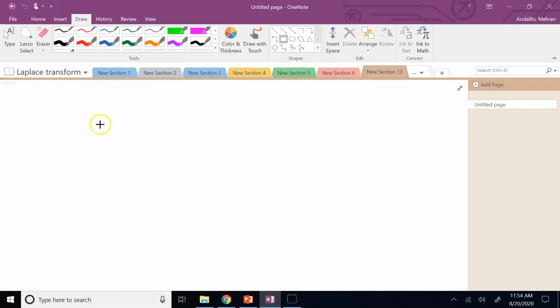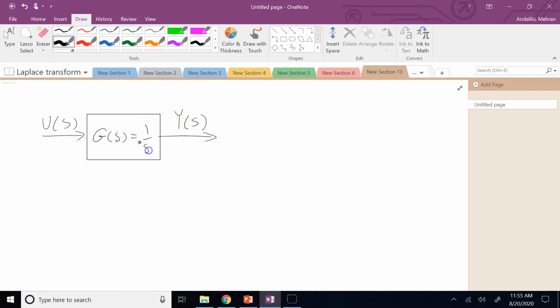If you have a block like this, and input u goes in, and output y comes out. And here, G of s is 1 over s. So Y over U is G, and it's 1 over s. Therefore, sY of s is equal to U of s.